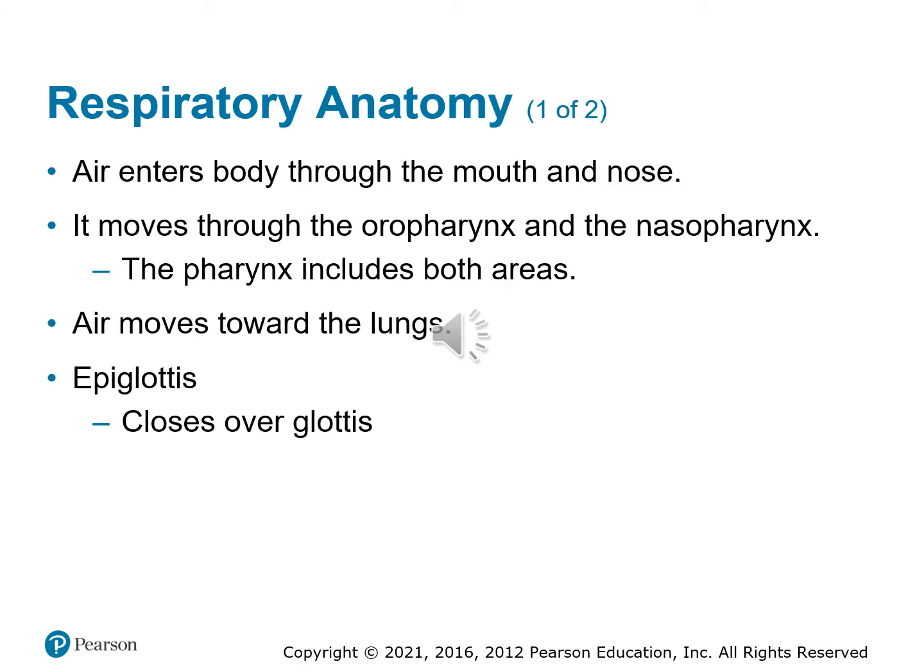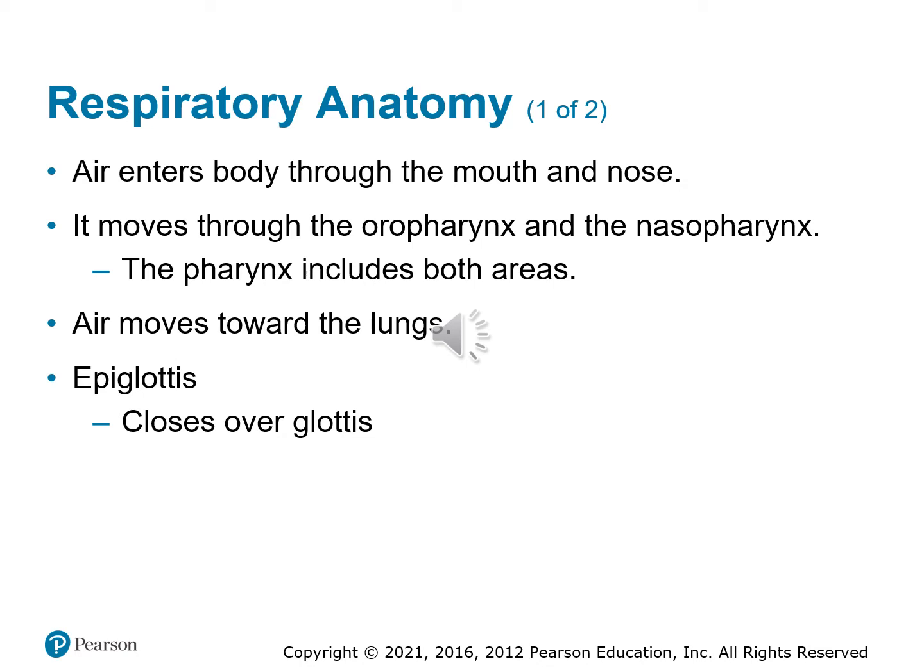Okay, let's follow the track of air as it comes through the body when we deal with the respiratory anatomy. So we breathe in and air enters through our mouth and nose. It moves through the oropharynx and the nasopharynx, which are the openings behind or in the nose and the mouth. Now, once it enters that area, also known as the pharynx when we talk about both, the air moves towards the lungs.